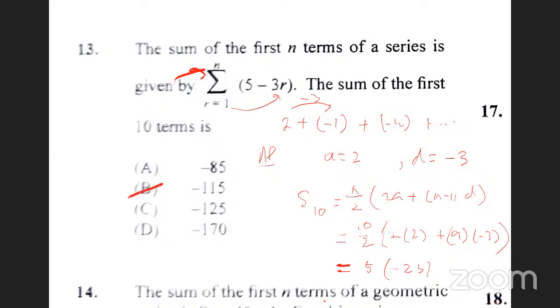Plug it in with brackets: 5 by 4 minus 27. Minus 115.